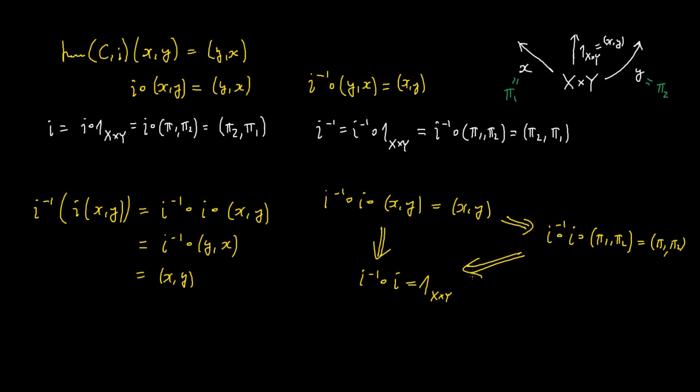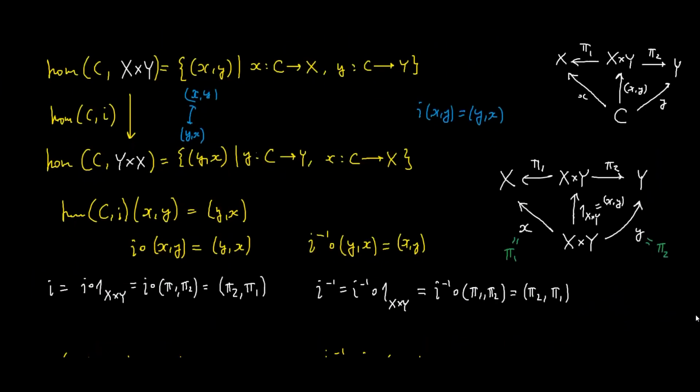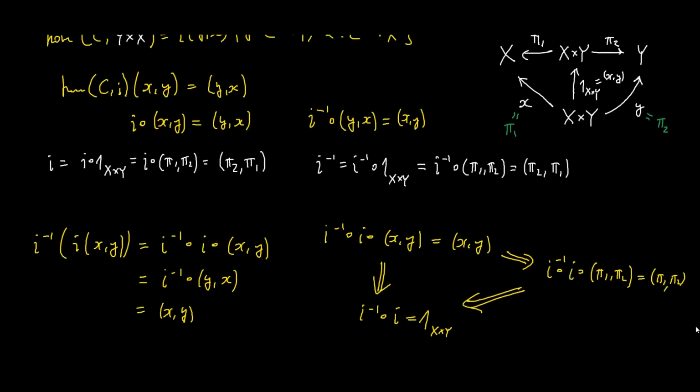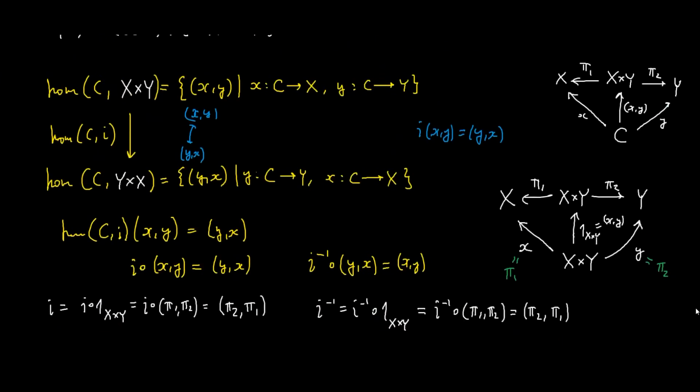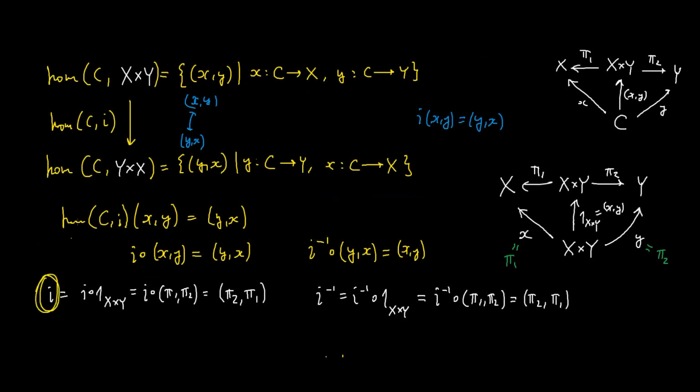I'm going to now focus on one particular aspect of this, namely the construction of a morphism I out of a natural transformation. So we had a natural transformation in mind. We wanted to map xy to yx.